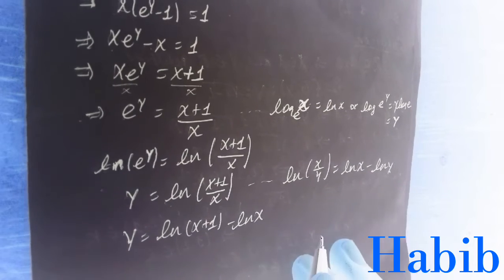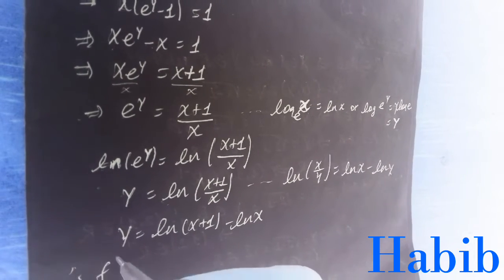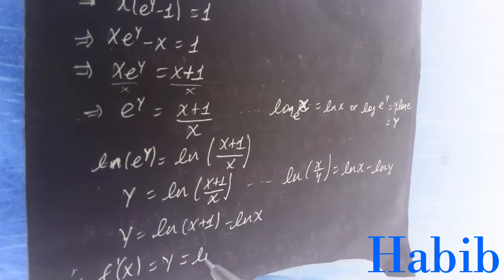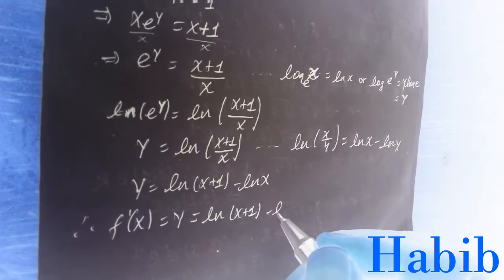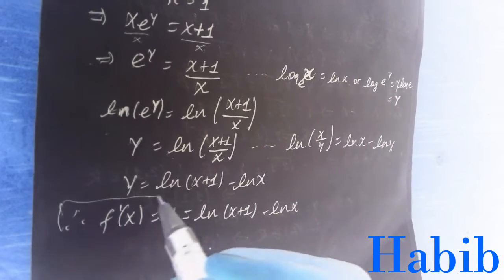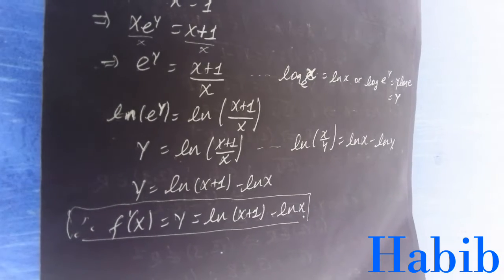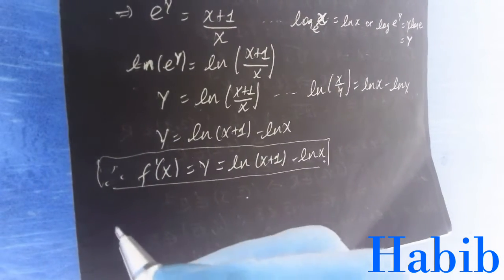This is the value of y, which is the inverse, because earlier we exchanged x and y. Therefore f inverse of x equals ln(x plus 1) minus ln x. This is the inverse of the original function y equals 1 over x.